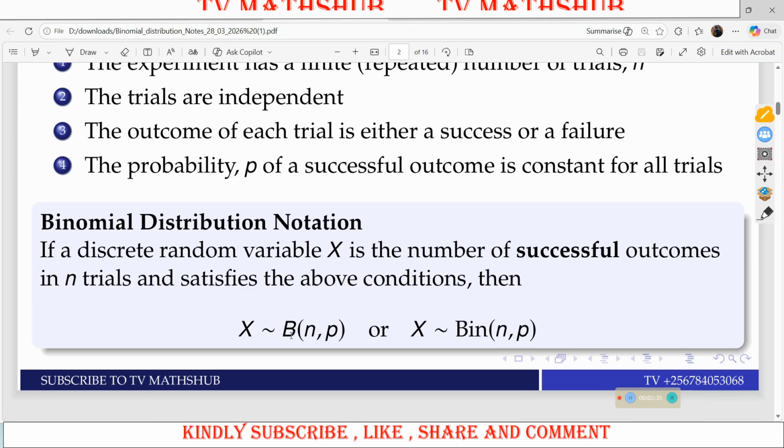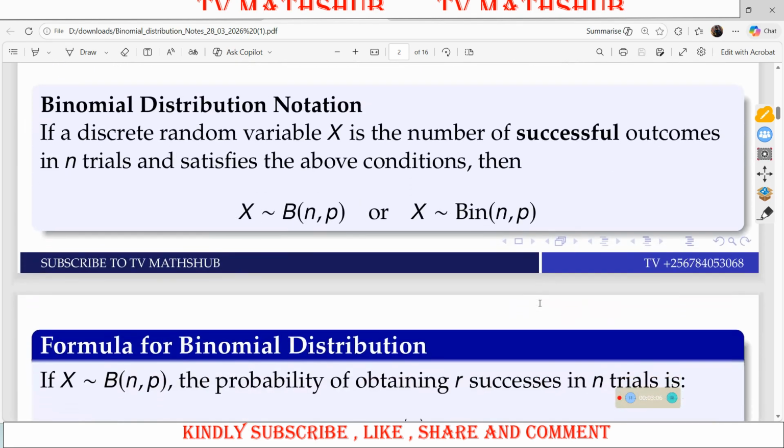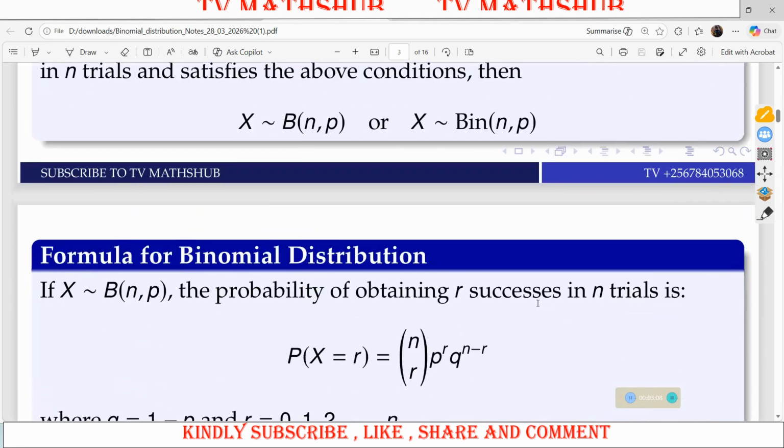So whenever it is written B, then with some given values, the first one represents the number of trials, and the other represents the probability of a successful outcome. Or you can have it as x ~ Bin(n, p), which also represents binomial. But in most cases, we shall be using the first expression. Okay. So next we shall have the formula for binomial distribution.